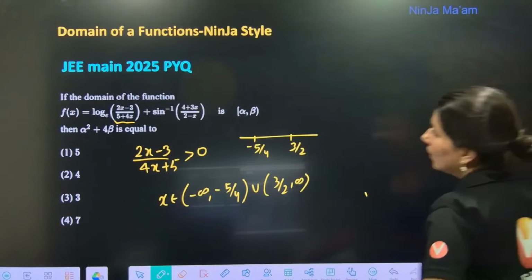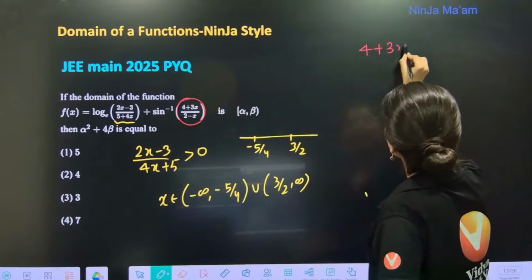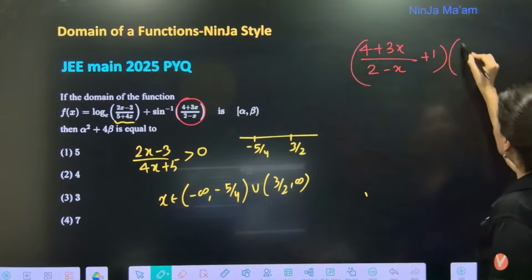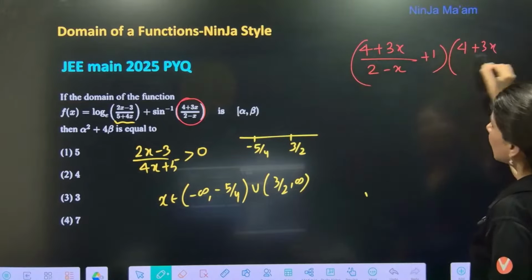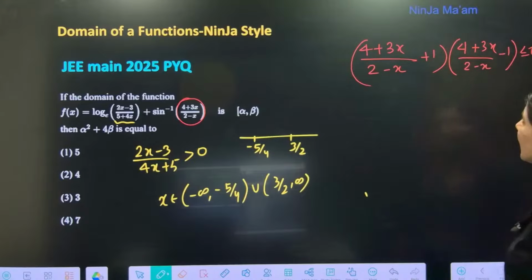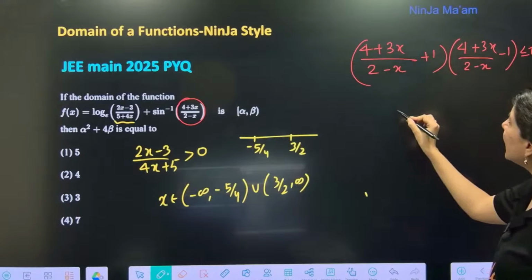Now what about sine inverse? Ma'am, you told us 4 plus 3x upon 2 minus x plus 1, 4 plus 3x upon 2 minus x minus 1 less than or equals to 0. Correct? Now if you take LCM, what will be there?